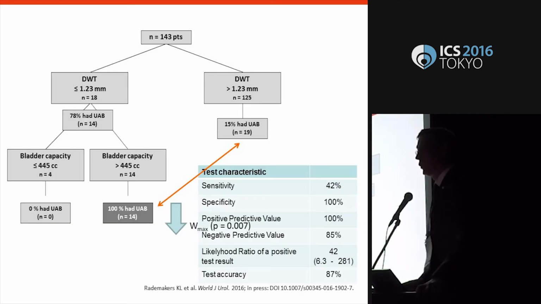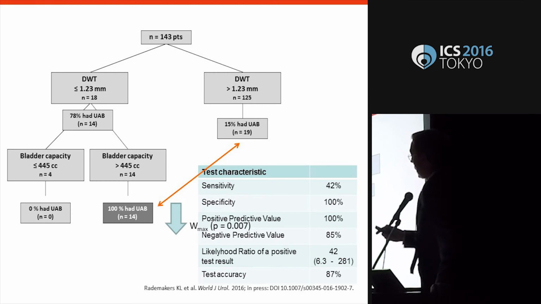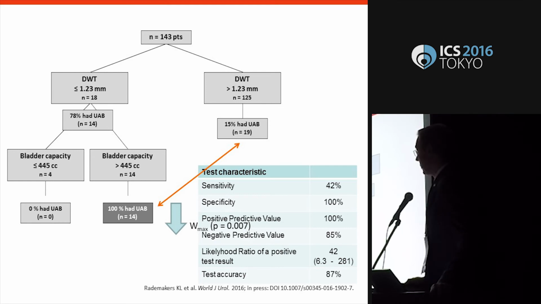And what did the computer do? We had 143 patients, and the computer chose by itself first-order detrusor wall thickness and the threshold smaller or equal 1.23 millimeters. Again, more than 2 millimeters is obstruction, and it chose less than 1.23 millimeters.